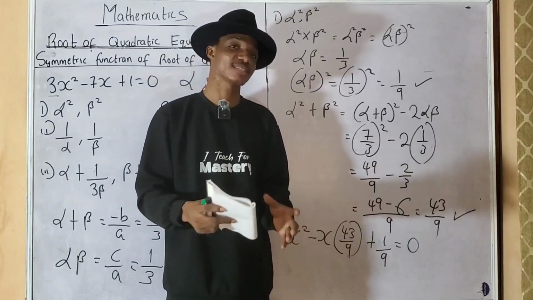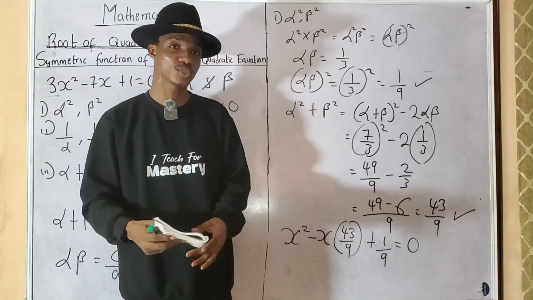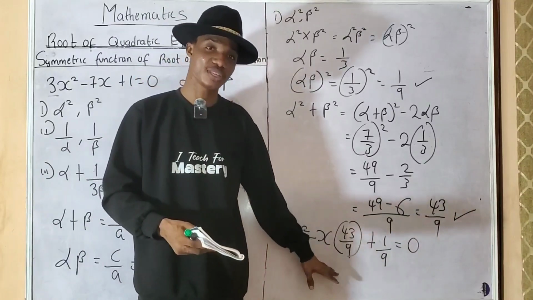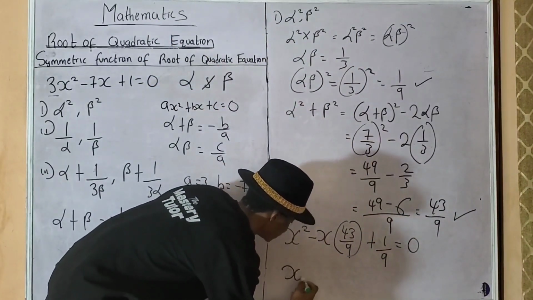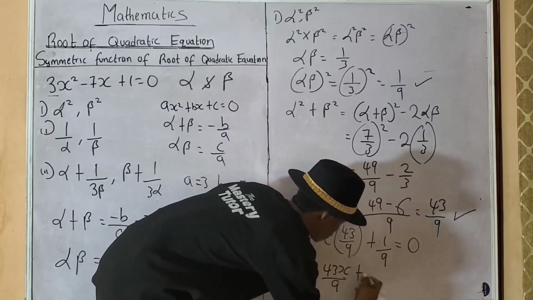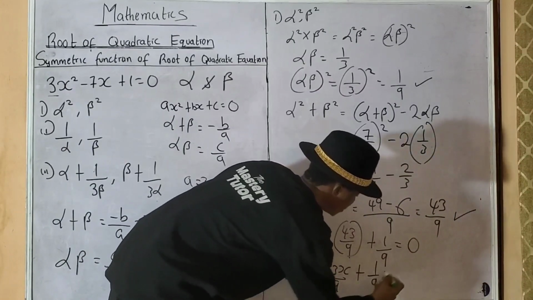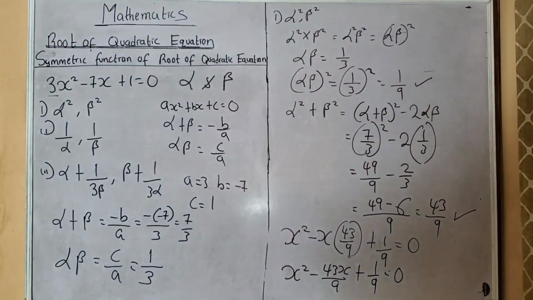When I started this class, I proved to you how we obtain the sum and the product of the roots, so you should be familiar with this. So now the quadratic equation that we have to find is x squared minus 43x/9 plus 1/9 equals 0. We are not done. Let me erase this.